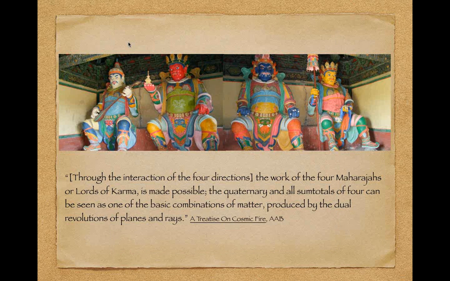Through the interaction of these four directions, the work of the four Maharajas, or Lords of Karma, is made possible. The quaternary and all sum totals of four can be seen as one of the basic combinations of matter produced by the dual revolutions of the planes and rays.